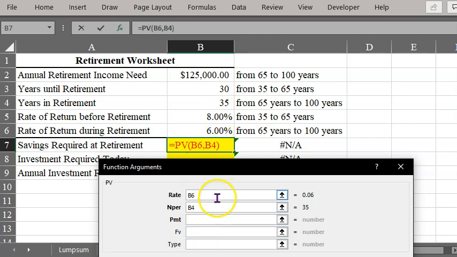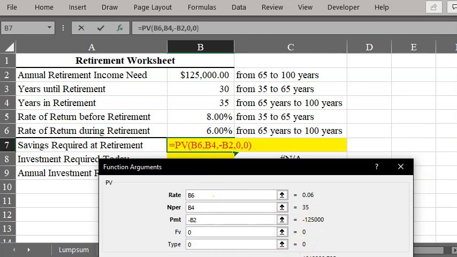Payment during the retirement, she is expected to withdraw $125,000. So it is minus, because she is withdrawing, $125,000. Future value is 0. That is, when she is 100 years old, she doesn't need any money. The type is 0 for end of period.